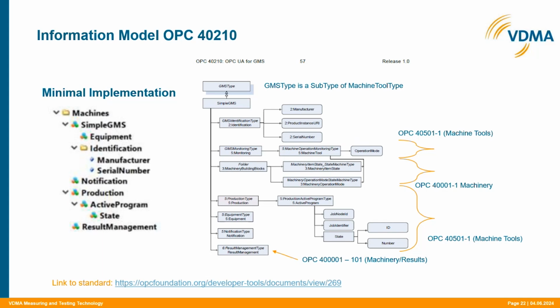We have a lot of things which we inherit from machine tools monitoring, but also the program state and also the tools. Tools in our language are the sensors, but there's a close connection.